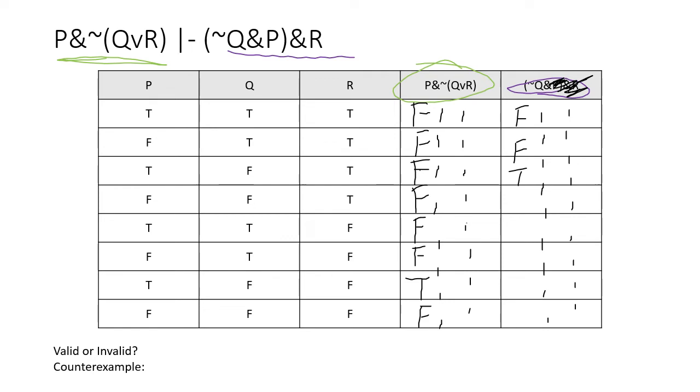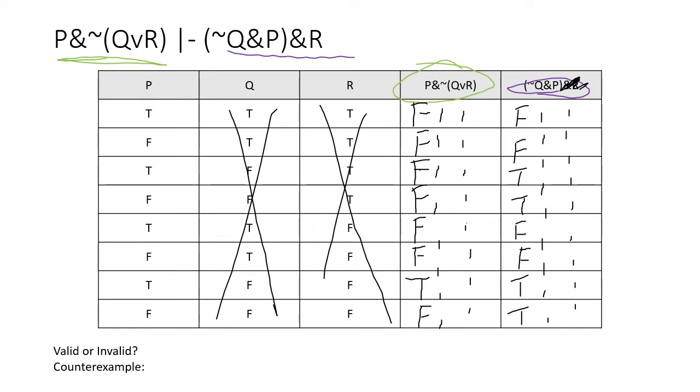Flipping these values. Then we'll bring in the P. We'll keep the ampersand R out for right now. So we're going to compare those with the P, and we're going to look for instances in which they are both true. Here's one. And here's one. The rest of them are going to be false.